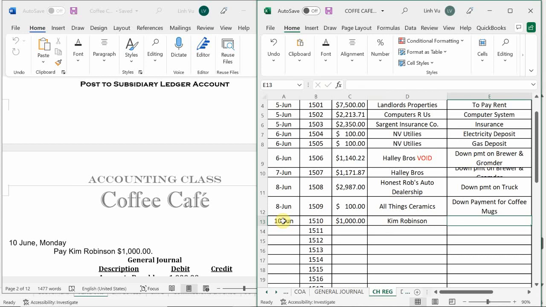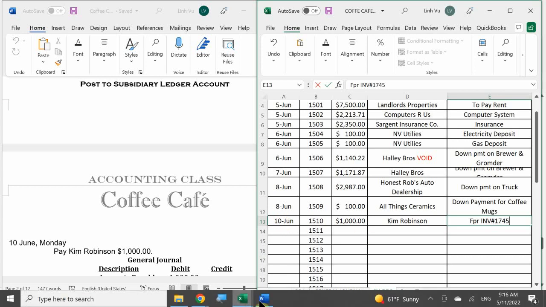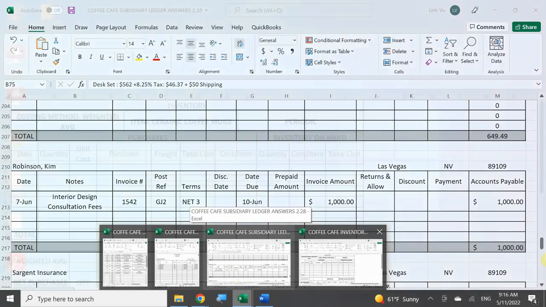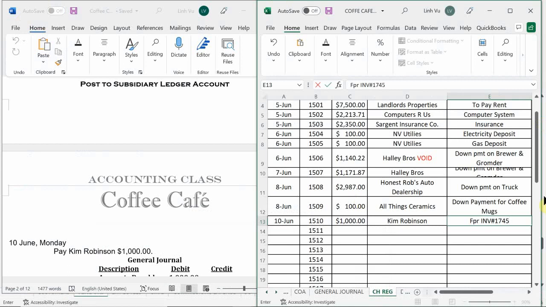Why am I paying Kim Robinson? For interior, for invoice number 1745. I think, let me check. Oh, invoice 1542. I was way off.